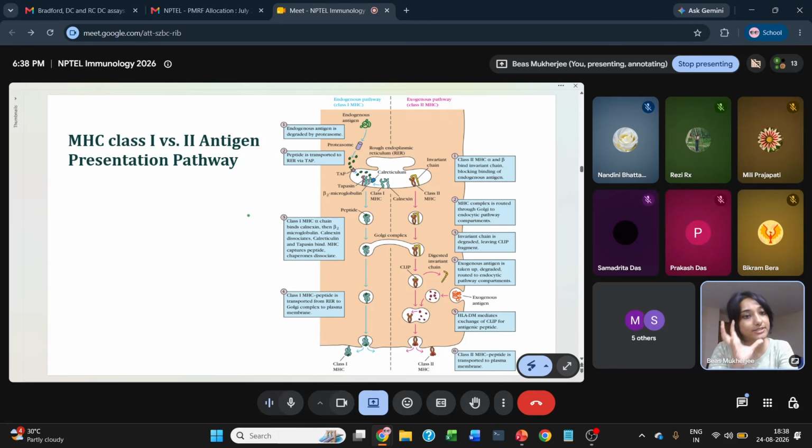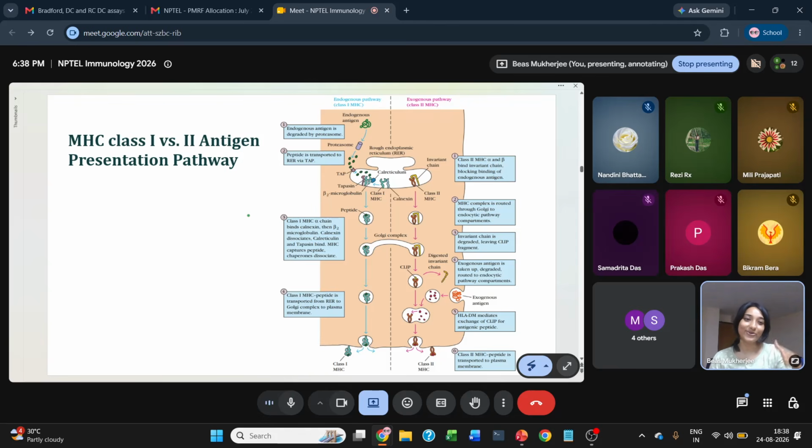MHC captures the peptides and then the chaperones dissociate. And MHC is now relatively stable because it is bound to the peptide. Now the class 1 MHC peptide is transported from the rough endoplasmic reticulum to the Golgi complex and to the plasma membrane. And there it is displayed on the surface of the plasma membrane.